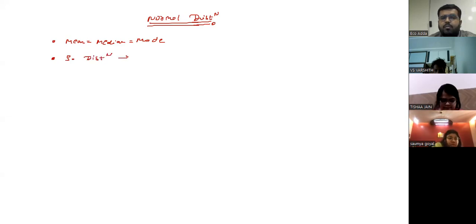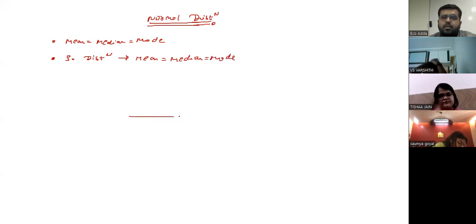In the case of normal distribution, your mean is equals to median is equals to mode. That means your distribution is symmetric, and it is symmetric about mean. Since mean is equals to median is equals to mode, therefore it is symmetric on mean, which is equals to median, which is equals to mode.